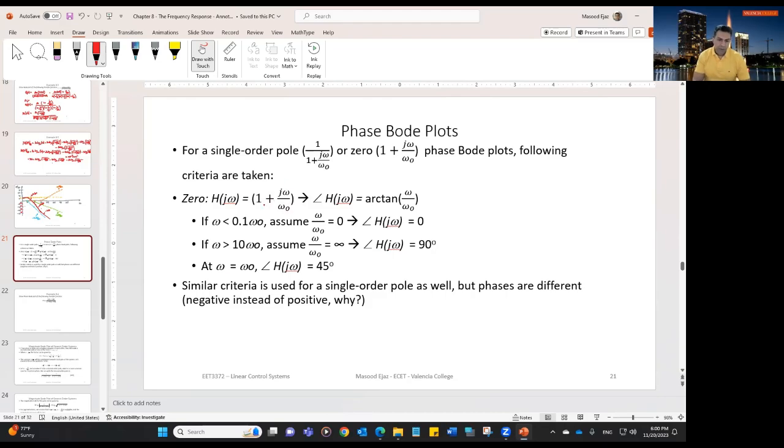So omega over omega naught divided by 1, and of course I'm not showing you divided by 1. So arctan of omega over omega naught.